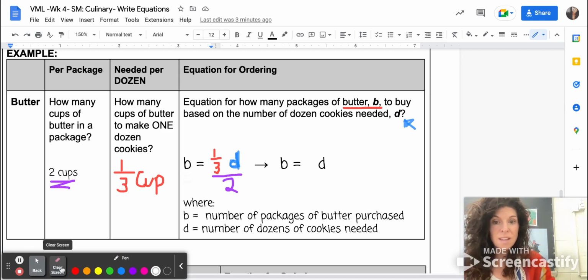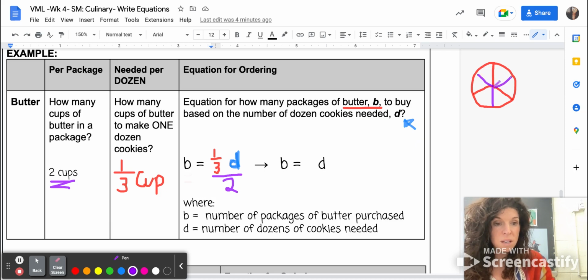Okay, think back to the work that we did earlier in this packet. Let's picture what's happening. We have 1/3 of a cup of butter for each dozen. And we're dividing that into 2 parts. We're taking that third and we're dividing it into 2 parts. So these are thirds, and we're dividing each of those thirds into 2 parts.